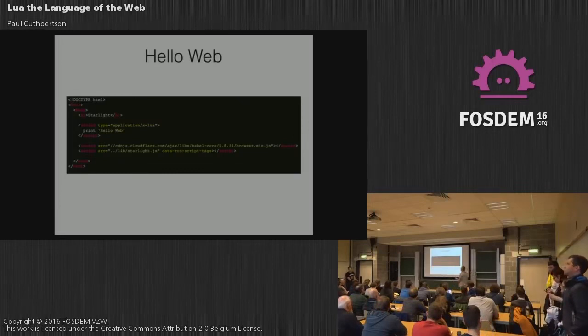Zoom doesn't work. Okay, well, you've got your Lua code here in a script tag with a Lua type. You include the Starlight library, which will take the tags that mark Lua and execute them on page load if you've got the switch there.